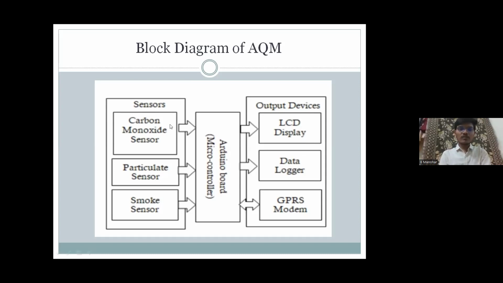First of all, through the sampling mechanism, the air samples go to the sensors, and these sensors detect whether particular air pollutants are present in those air samples or not. These sensors include carbon monoxide sensor, particulate sensor, and smoke sensor.